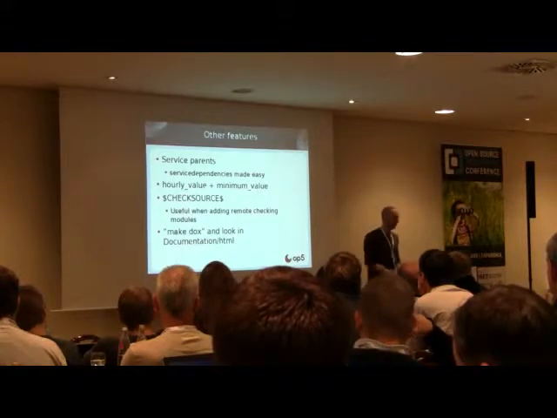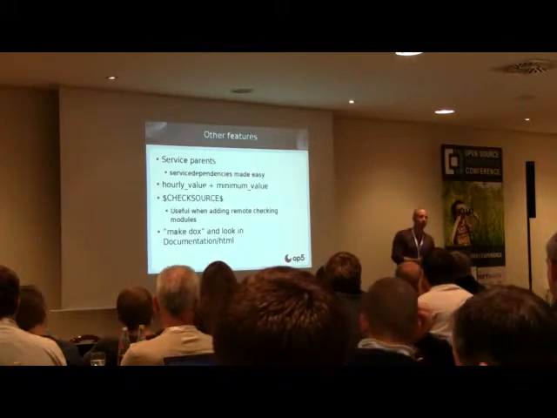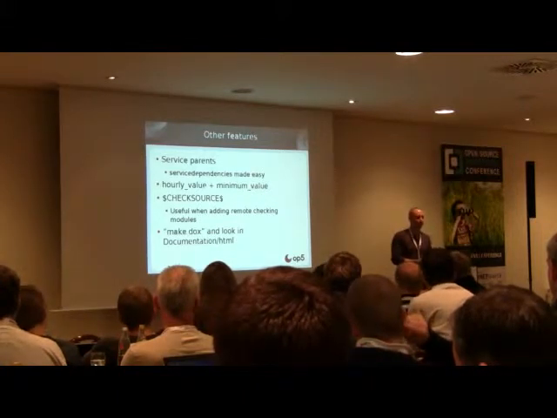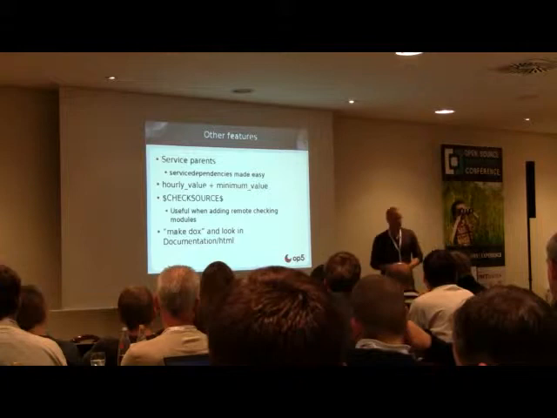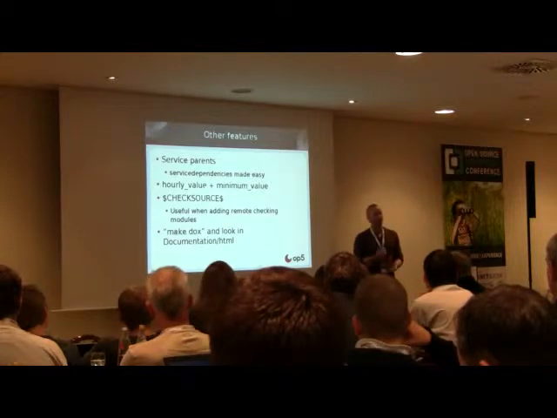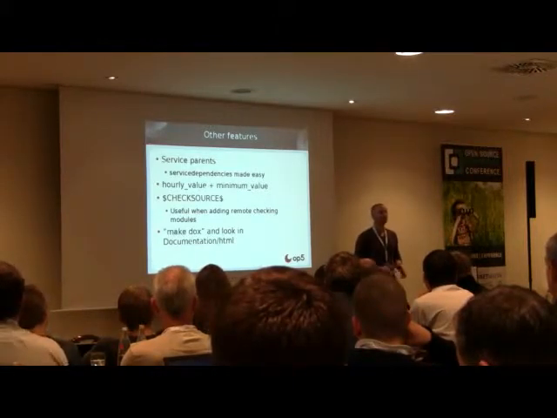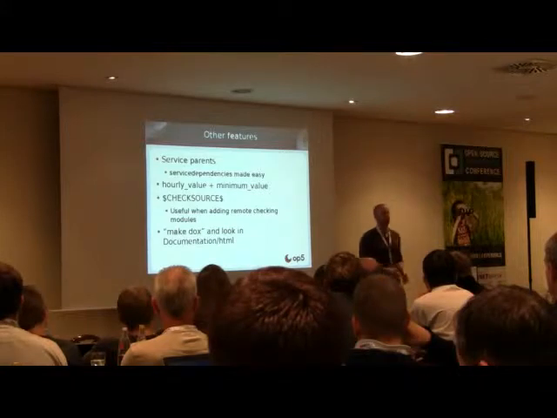Hourly value and minimum value. The use cases here are a bit vague, but since I only have like 3 new features, I thought I should add some more. The idea is that you can set an hourly value for your services or for your hosts, and then you can filter your alerts or problems based on the hourly value so that you will know how much a particular problem is worth in your network.